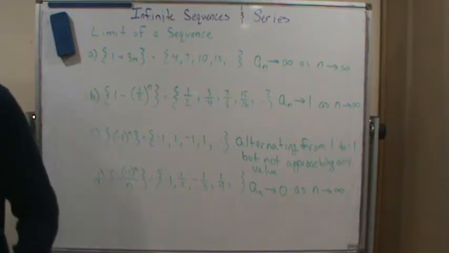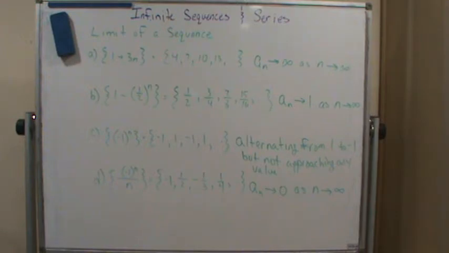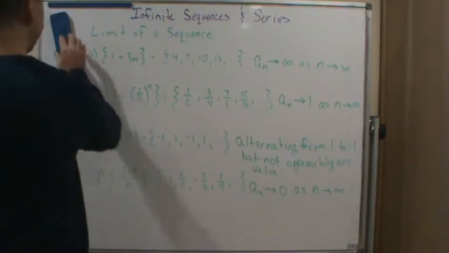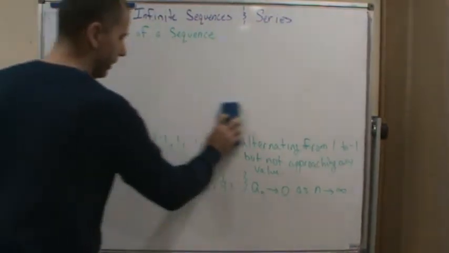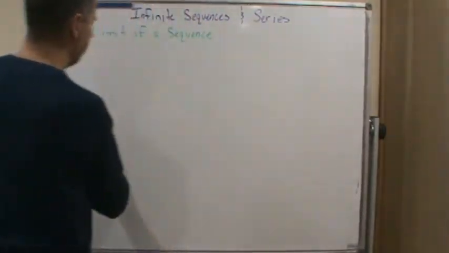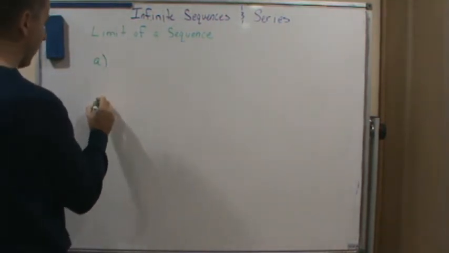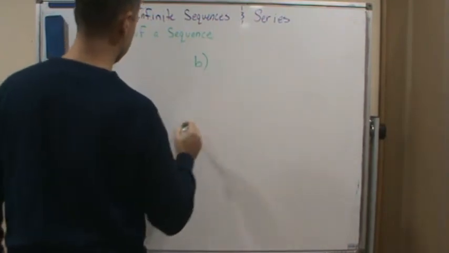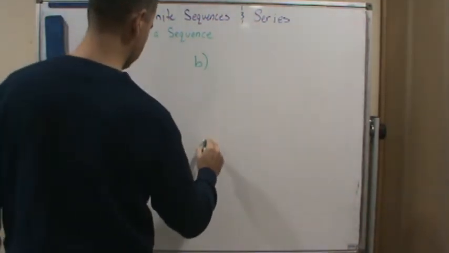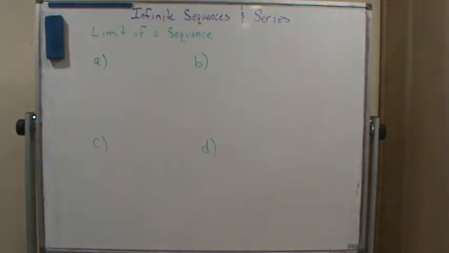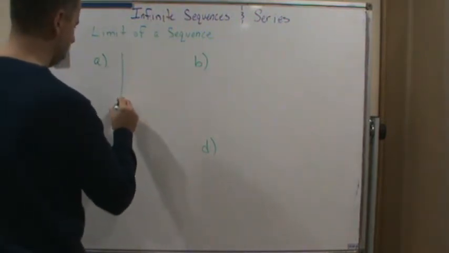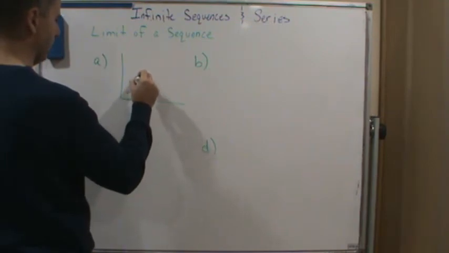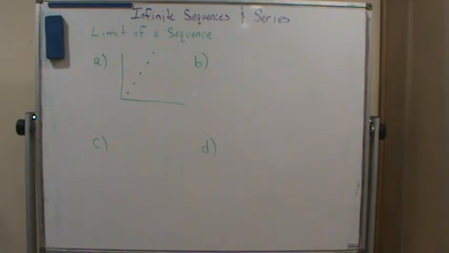Furthermore, we can look at the graphs of these sequences to see the behavior from a function point of view, just as we did with limits of functions. A is just a straight line, 1 plus 3n.